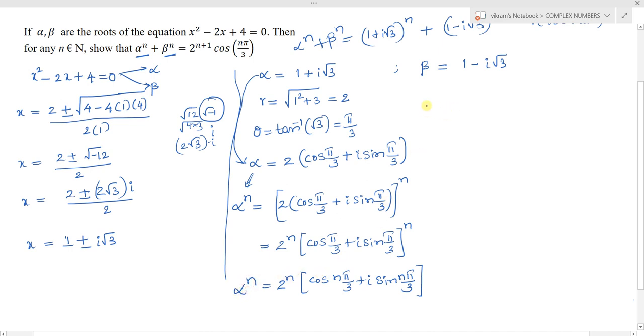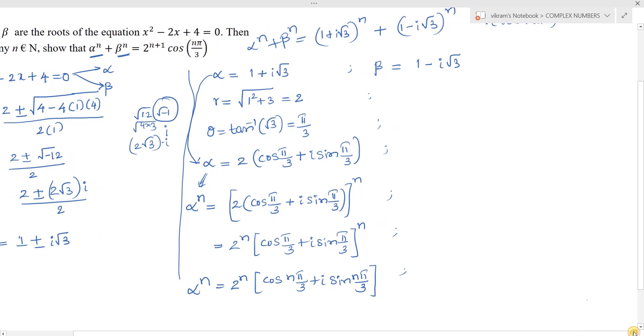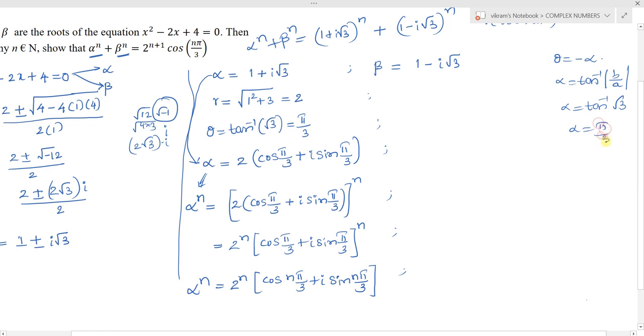Okay, right. Now find the beta power n. To find beta power n, we note that it is in the fourth quadrant of the Argand plane. In the fourth quadrant, theta equals minus alpha, where alpha equals tan inverse b by a. Here, alpha equals tan inverse of root 3, which is pi by 3, but the argument of this complex number is minus alpha, minus pi by 3.